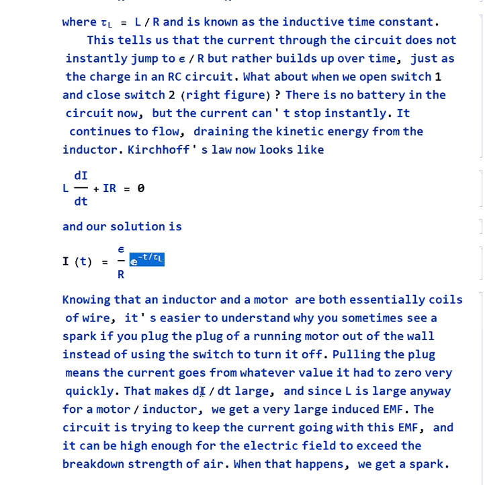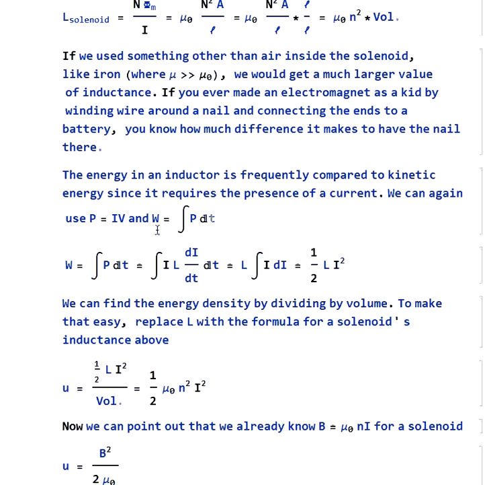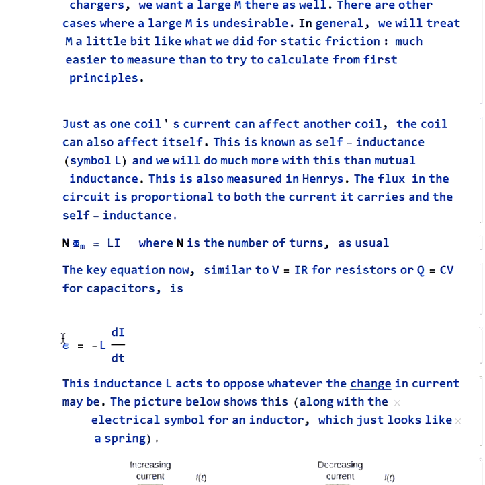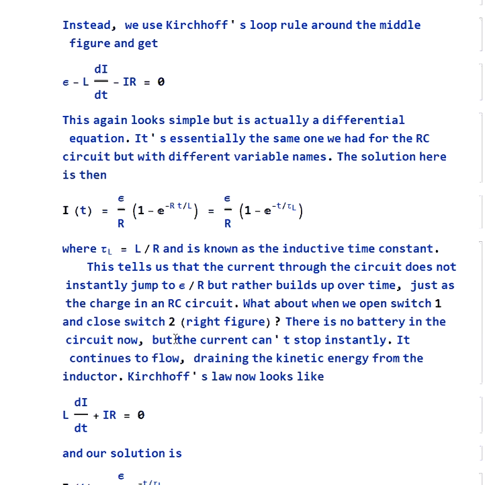That means di over dt is very large. And L is already large for this motor or inductor, so we get a very large induced EMF from our key equation. The di/dt term is large, the L is large, that means the EMF is very large.